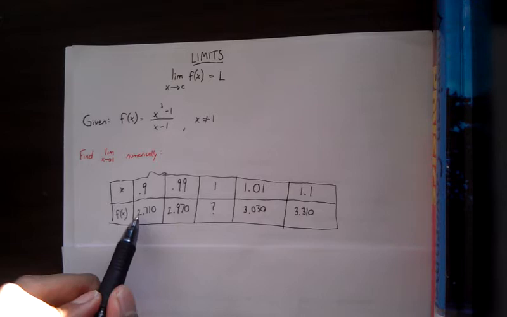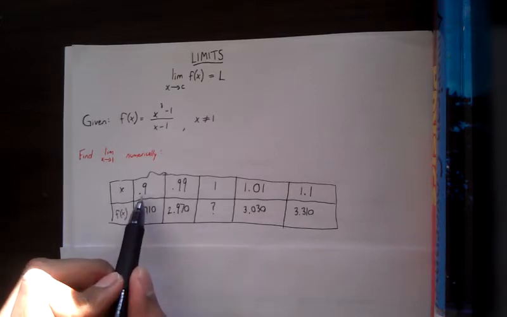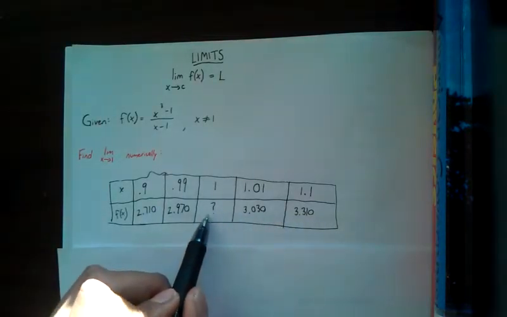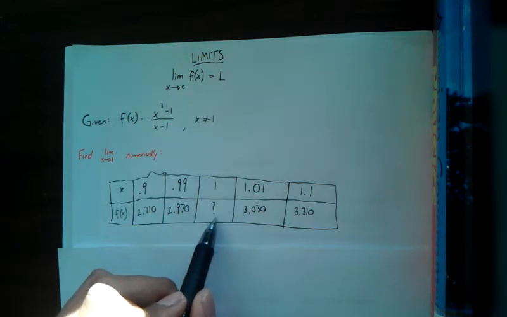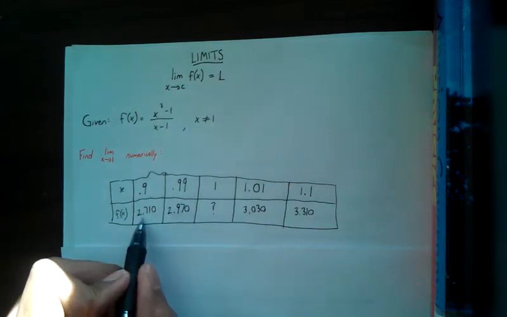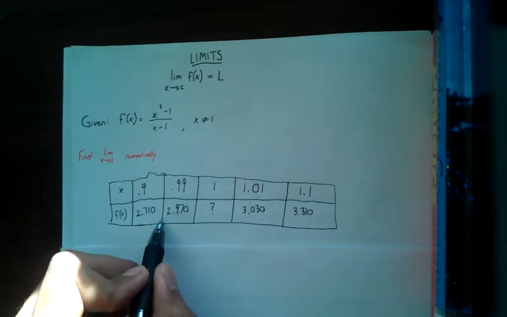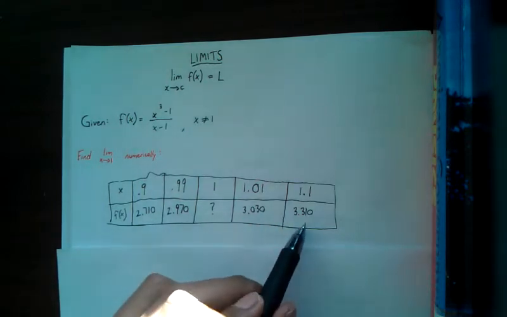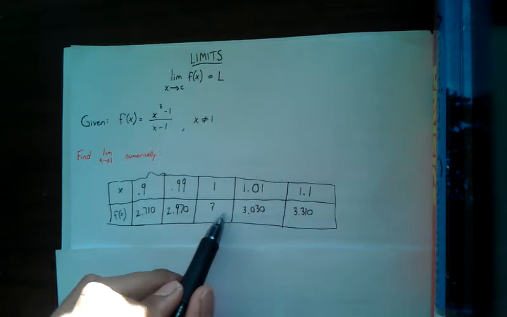And so if you look at your chart, it seems that the value at 1 is going to be 3, because on the left side of 1 the values are getting a little bit higher with each interval, and as you come from the right, it's getting a little bit less.